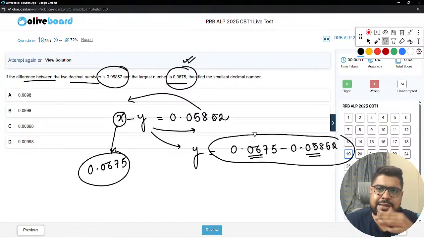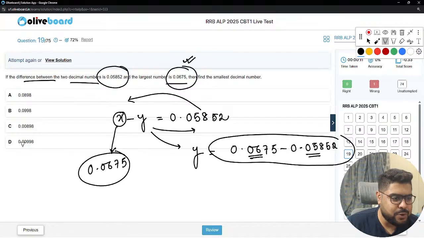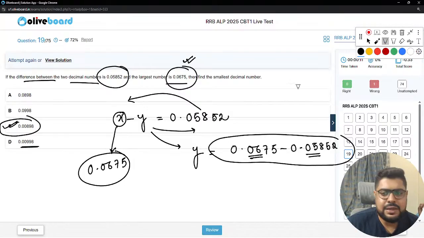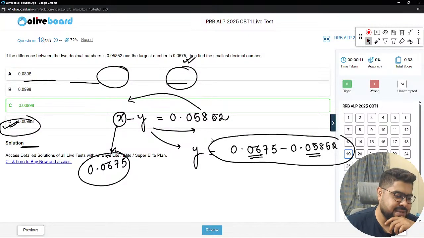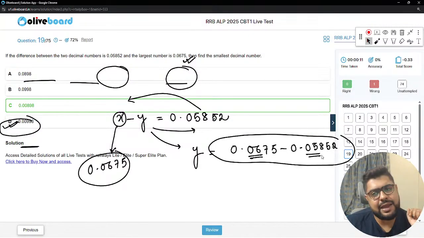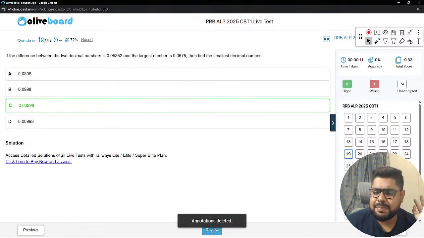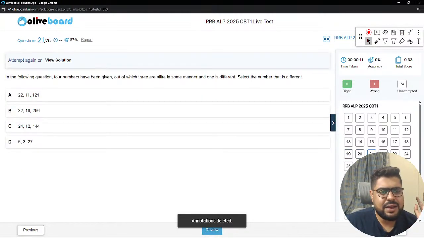So it will be less than 0.009, 0.0098. No, this is not. So this is the correct answer. Option C has to be the correct answer. Yes, Kamal, again, Reena, absolutely correct. Simple questions. Next one.